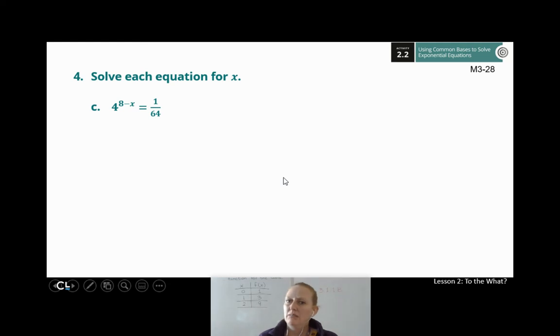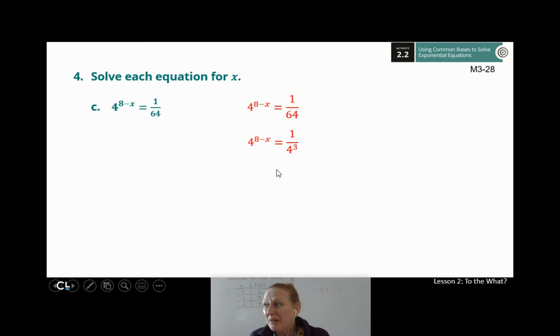They got trickier though, right? So I was looking at this one and my thought was, okay, I need a base of 4. And I thought, well, I can rewrite 64, right? 4 times 4 is 16, times another 4 is 64. Okay, so I rewrote that 64 as 4 to the 3rd power. But I realized I had another problem because these didn't quite match, right?